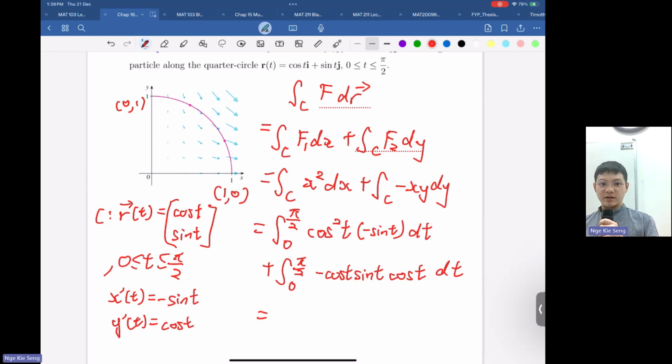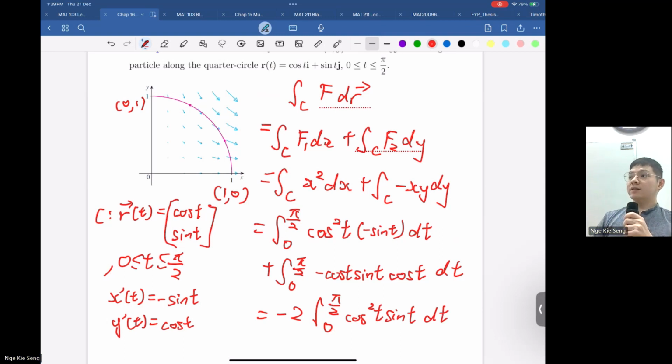We can actually combine the two, right? So it becomes minus 2 times the integral from 0 to pi over 2 of cos squared t sine t. What's the easiest way to integrate this? Substitution. You can use substitution, let u equal cos t.